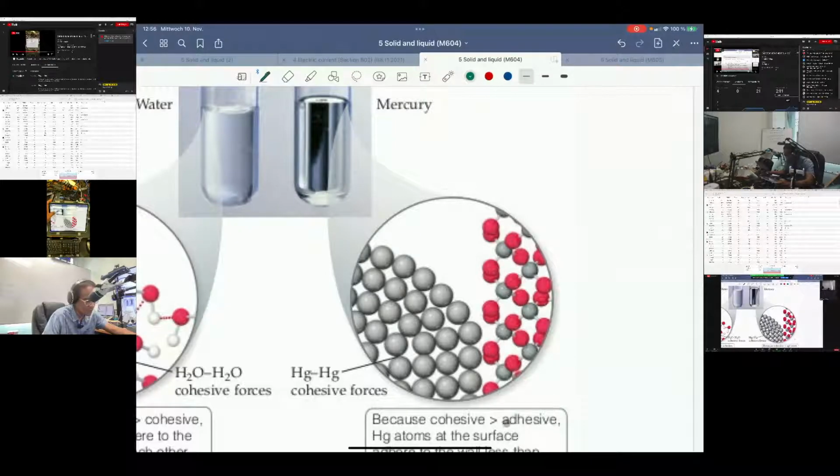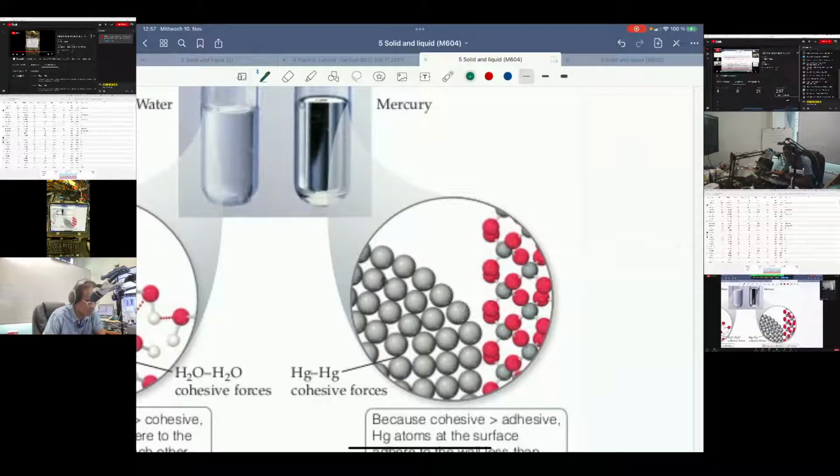Okay, cohesive force is the attractive force among several molecules of mercury, and adhesive force is the attractive force between mercury and the glass. And what we can see here is that the attractive force among several molecules of mercury is stronger than the adhesive force, the attractive force between mercury and the glass.